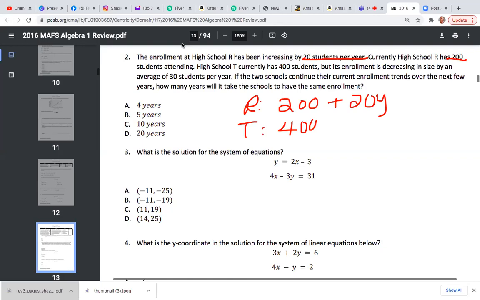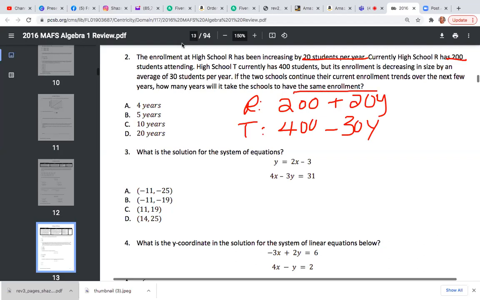What operation is decreasing, guys? Subtraction. Very good. So it's decreasing by 30 students per year. Now, if the two schools continue their current enrollment trends over the next few years, how many years will it take the two schools to have, look at this guys right here, the same enrollment?